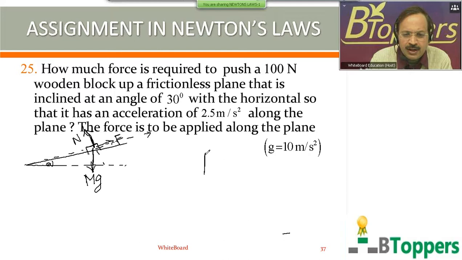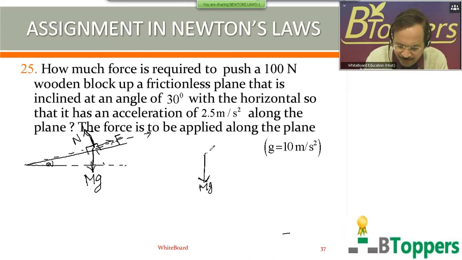The weight mg of the block acts vertically downwards. The magnitude of the weight mg is equal to mass of the block into g, which represents the gravitational force of the block by the earth.